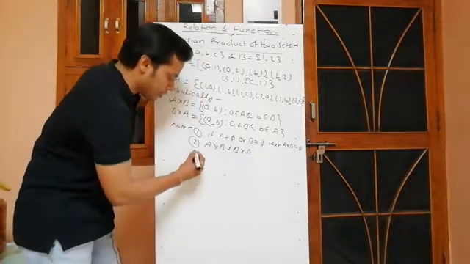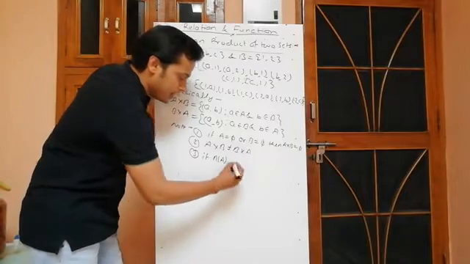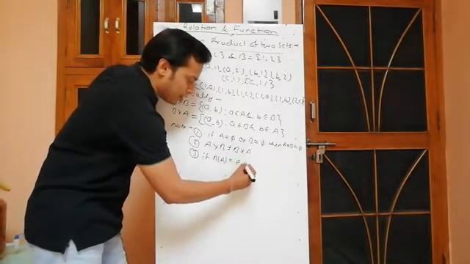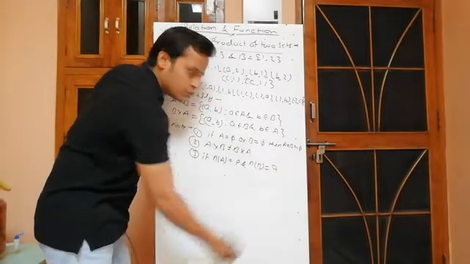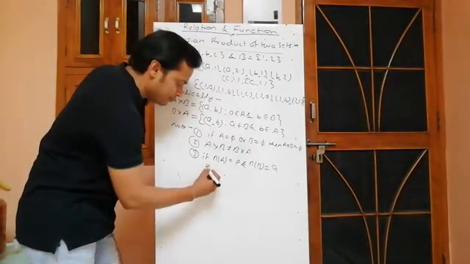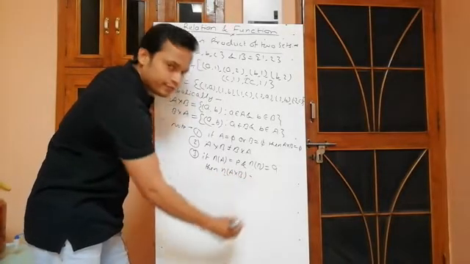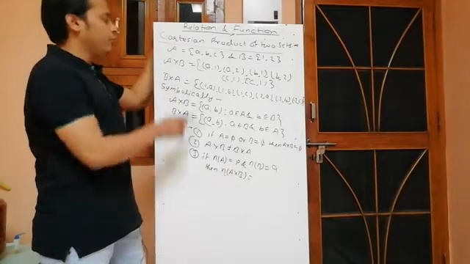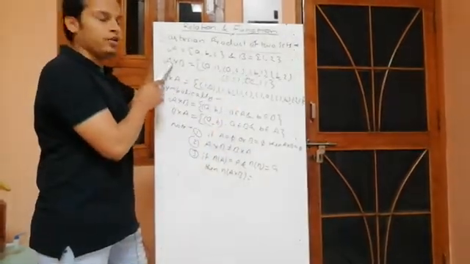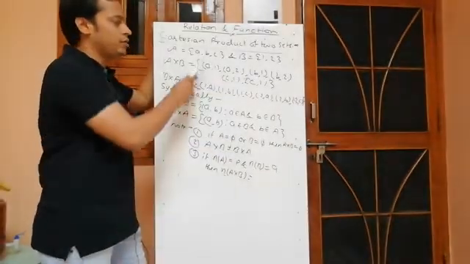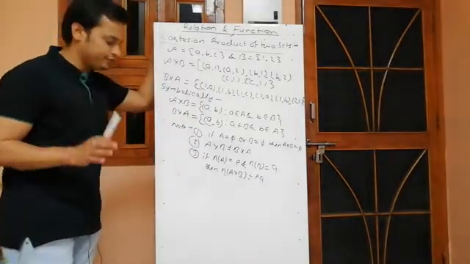Third one: if the number of elements in A is equal to p and the number of elements in set B is equal to q, then can you find the number of elements in A cross B? Simply, the number of elements in A is 3, in B is 2, then the number of elements in A cross B is 3 into 2, 6. So what we have is p into q.